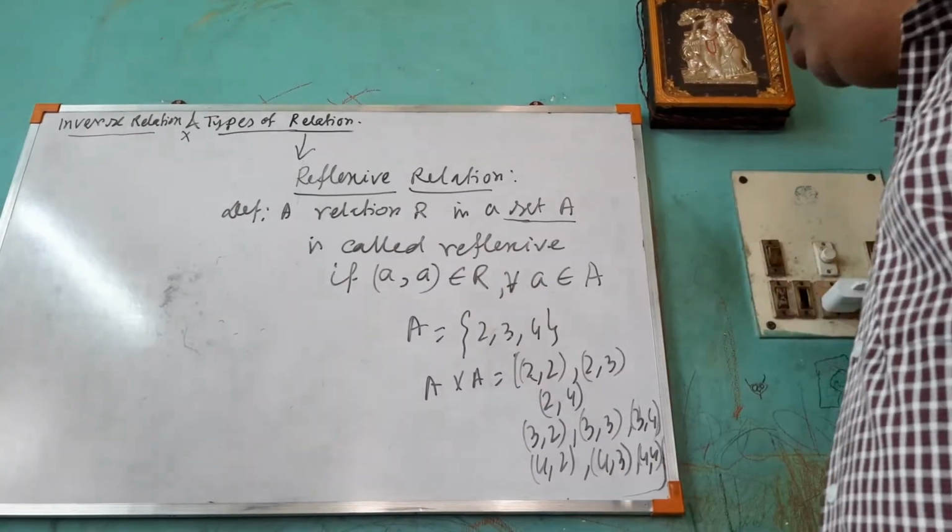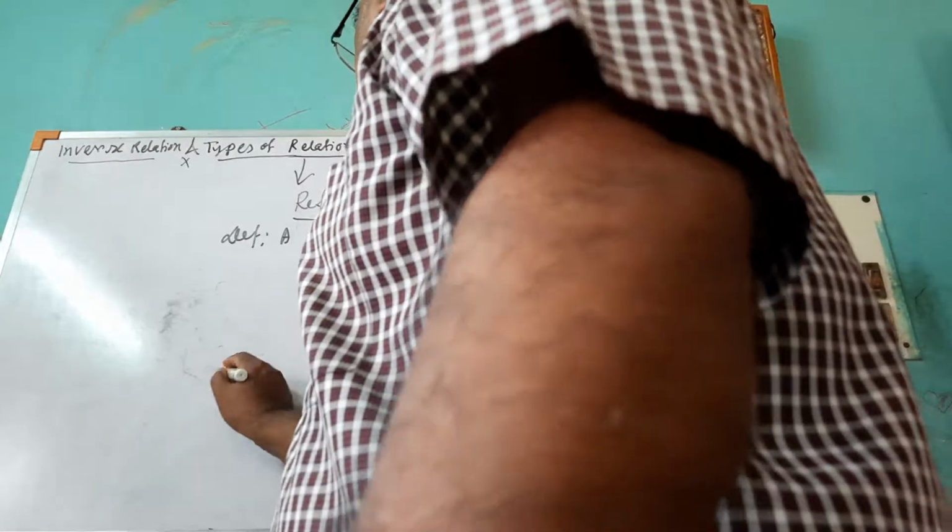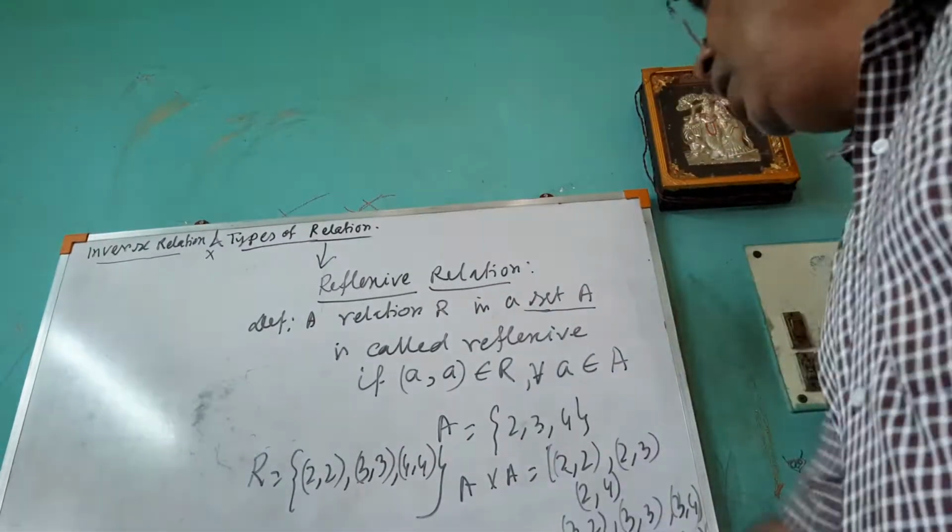That means I am considering a relation R equal to {(2,2), (2,3), (3,3), (4,4)}. This relation is reflexive.